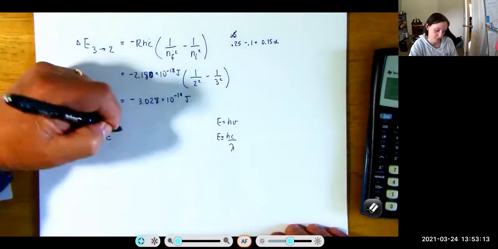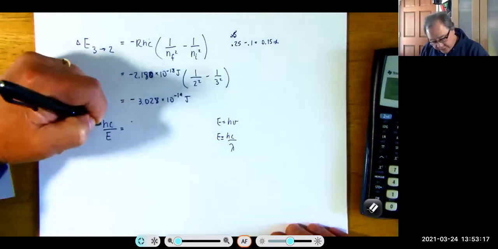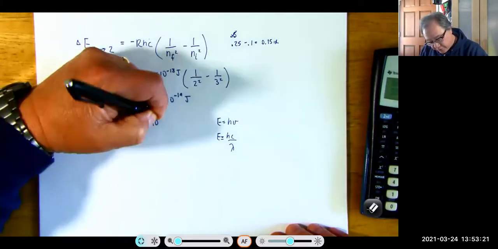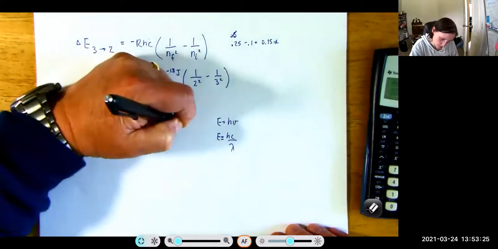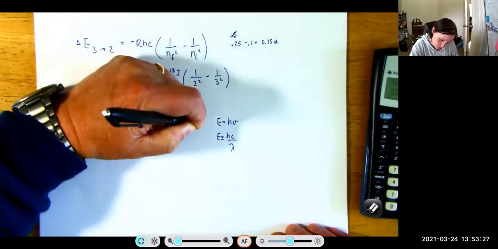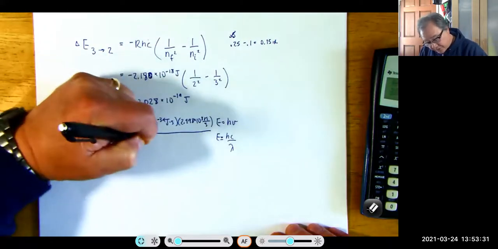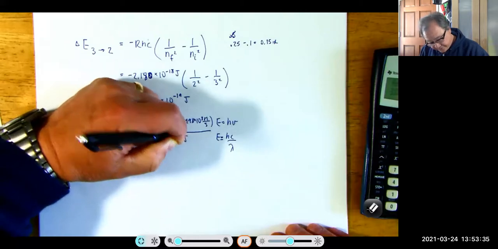Okay. So when you plug values in here, what do you get? 6.626 times 10 to the minus 34 joule seconds. 2.998 times 10 to the 8th meters per second. And negative 3.028 times 10 to the minus 19 joules.